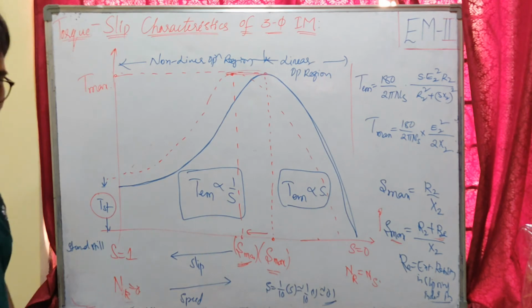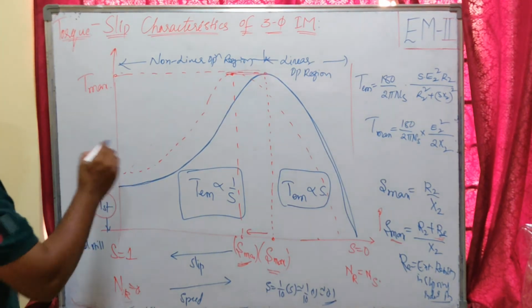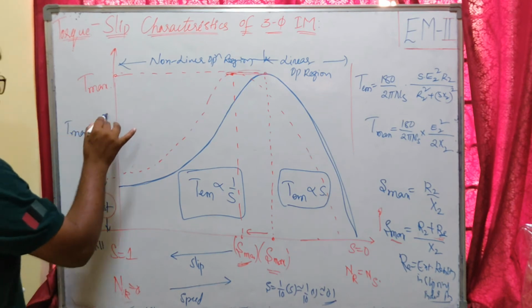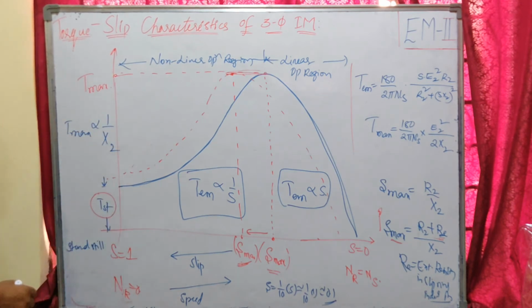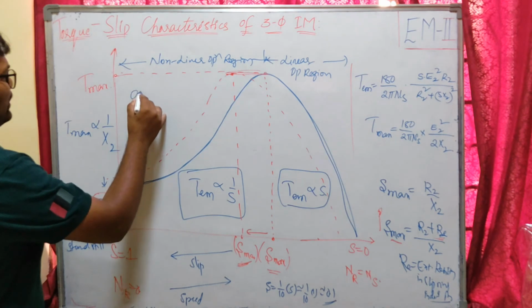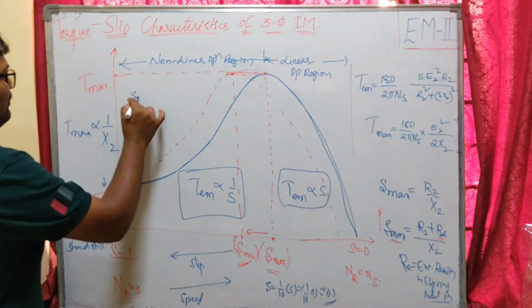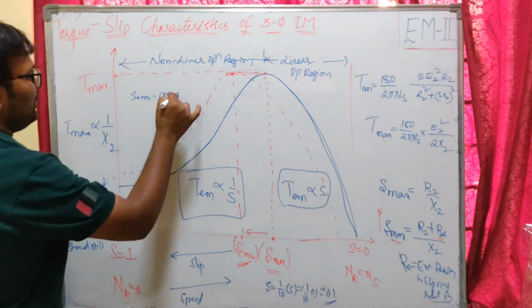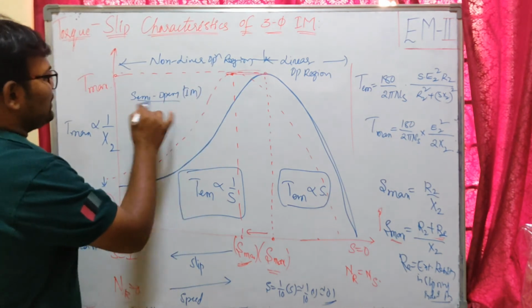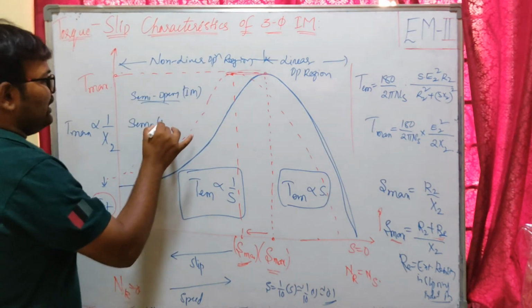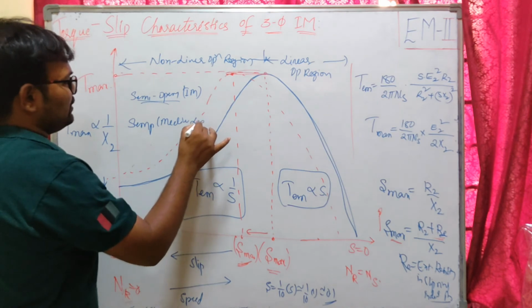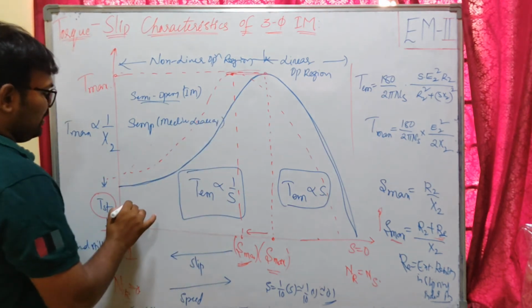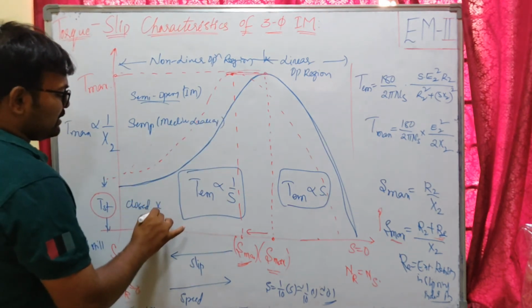One more thing is our T max is inversely proportional to the leakage reactance of the rotor. We are using semi open slots for our induction machines, right? So semi open slots will have medium leakage reactance. For closed slots our leakage reactance is very high.